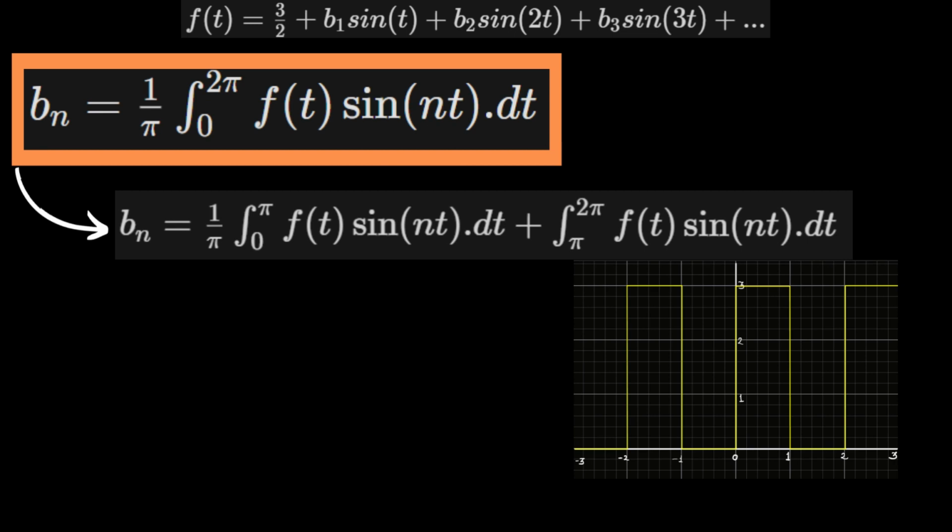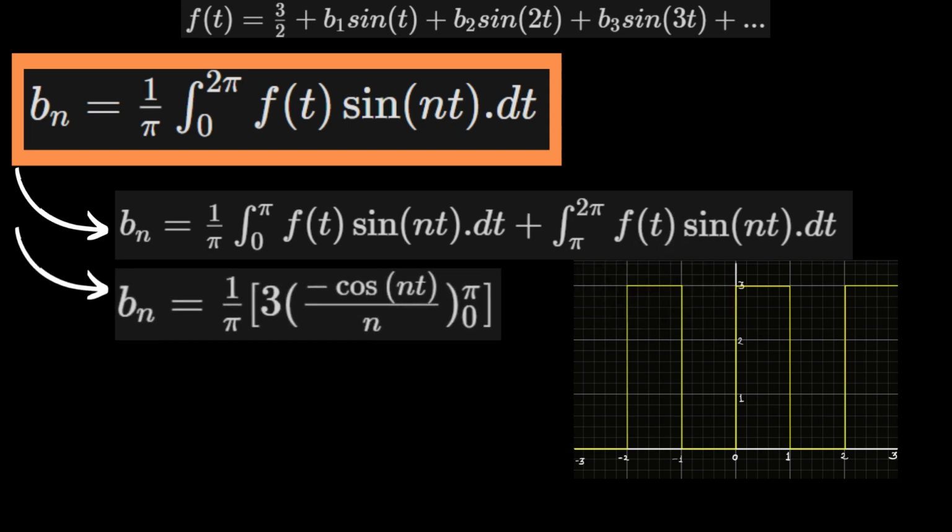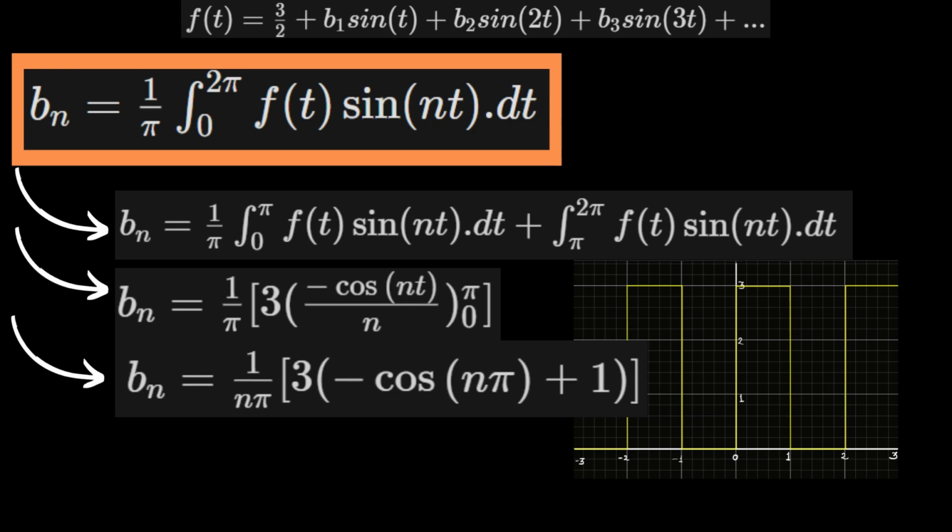We do this because we know that the value of function of t from pi to 2 pi is equal to 0, so we can easily get rid of that part of the integration. Hence bn becomes 1 by n pi multiplied by 3 into minus cos n pi plus 1.